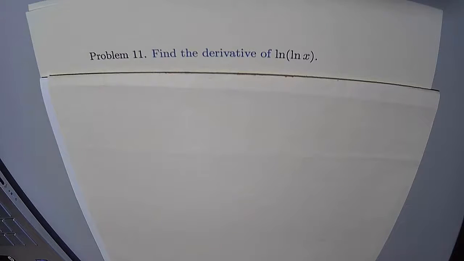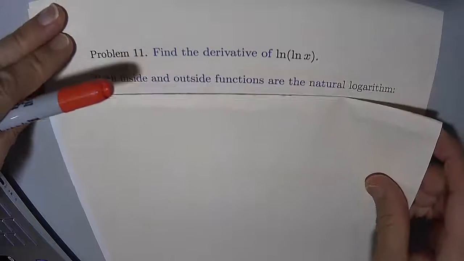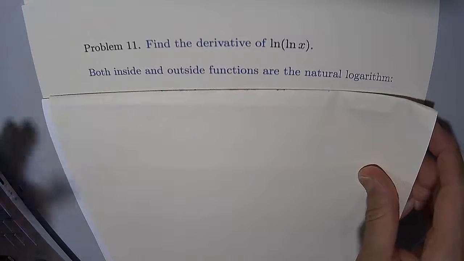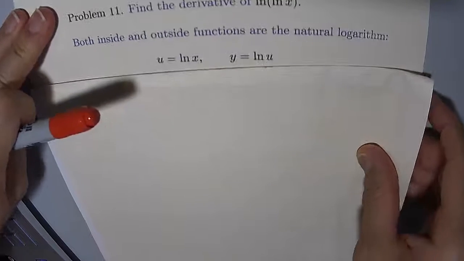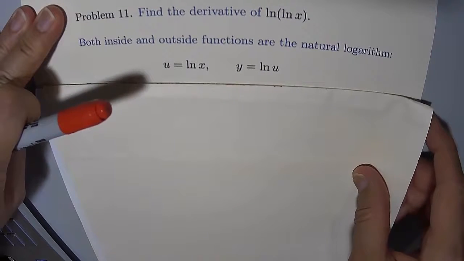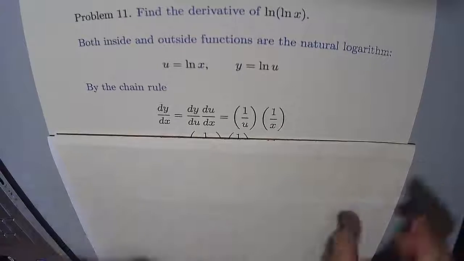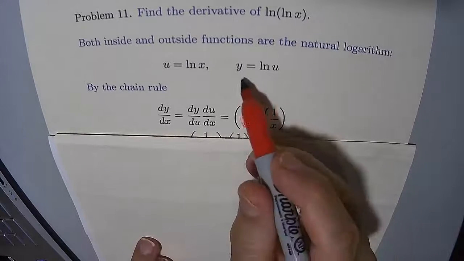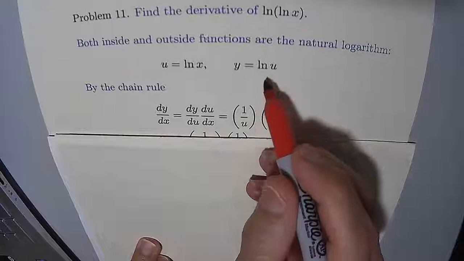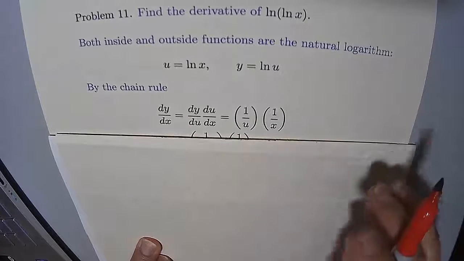For our final problem, we take the derivative of ln of ln of x. Here, both the inside and outside functions are the natural log, just the same function. And the chain rule then tells us derivative of the outside, 1 over u, times the derivative of the inside, 1 over x.